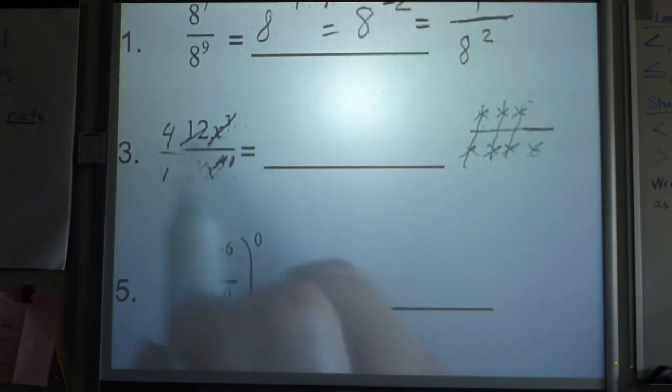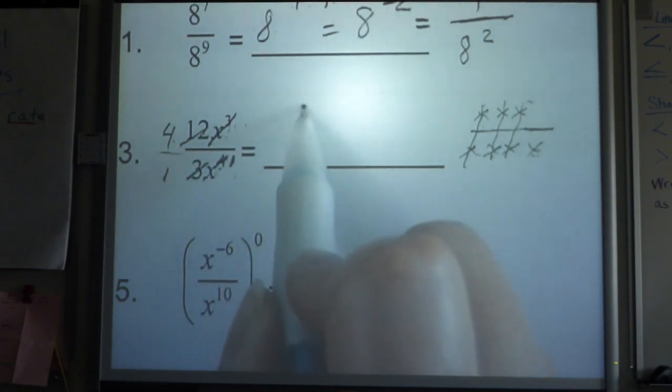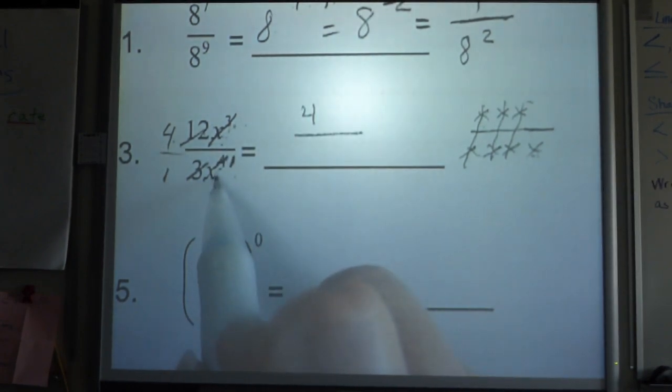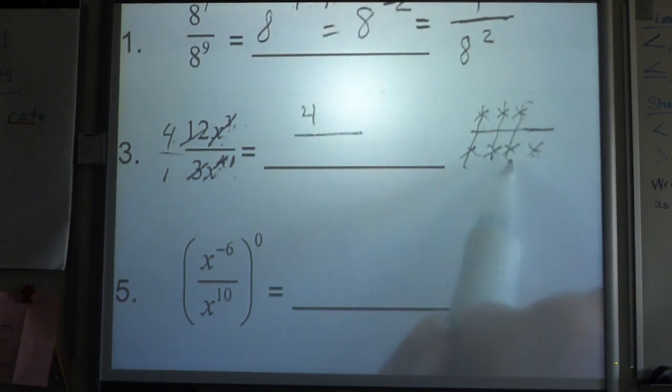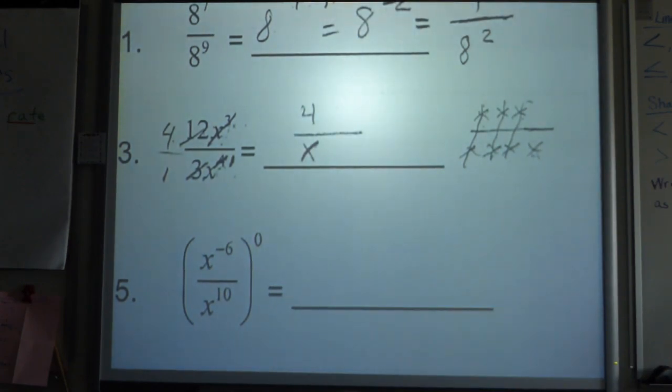Okay, so what's in my numerator? Just the 4, right? 12 thirds simplified to 4. And then what about my x's? I had x to the third over x to the fourth, right? These 3 x's cancel out with 3 of the factors of x in the denominator, leaving me with just 1 x in the denominator. So we have 4 over x.